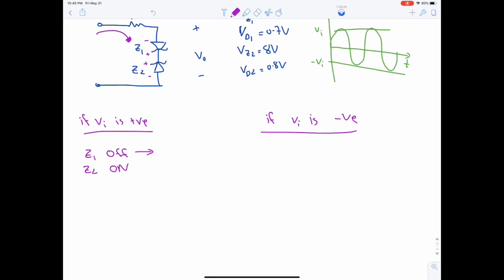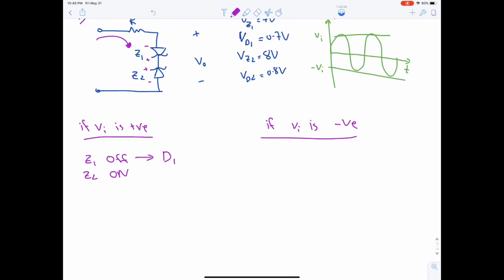Whenever a Zener is off, it gets converted to a diode in the same direction. So it will be like this. Here's positive and here's negative, and as the current is flowing clockwise, then the diode will be on. So it looks like this. This is R. This is our diode VD1, and this is our Zener VZ2.